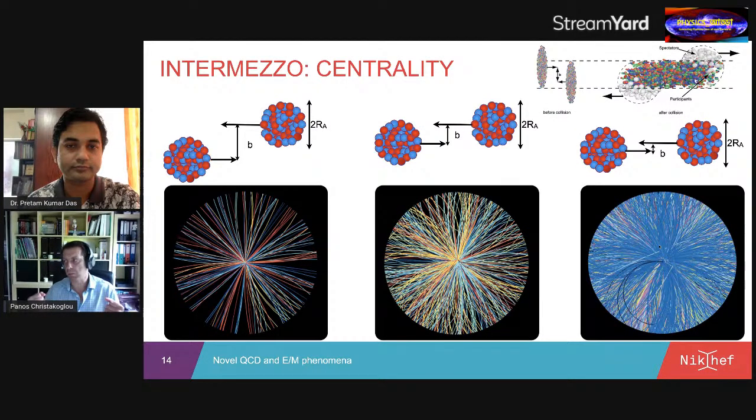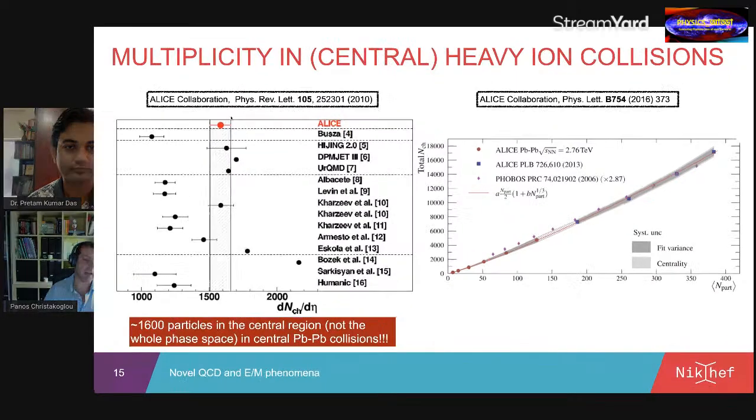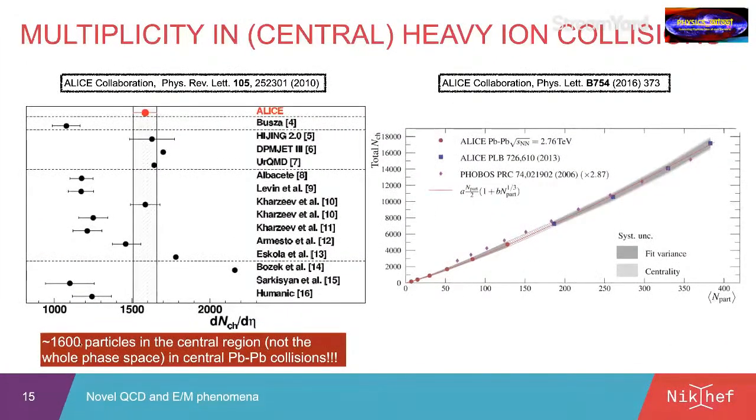So in a typical proton-proton collision at the LHC energies, we form something like 5, 6, 7 particles per collision. Now, in central heavy ion collisions, at the lowest LHC energy, we form something like 1,600 particles in the very central region, where the Alice detector is situated.